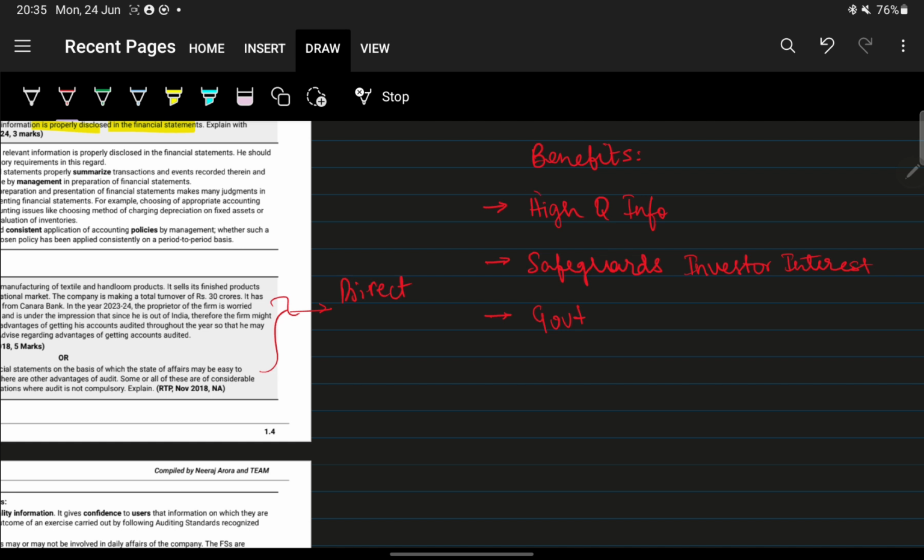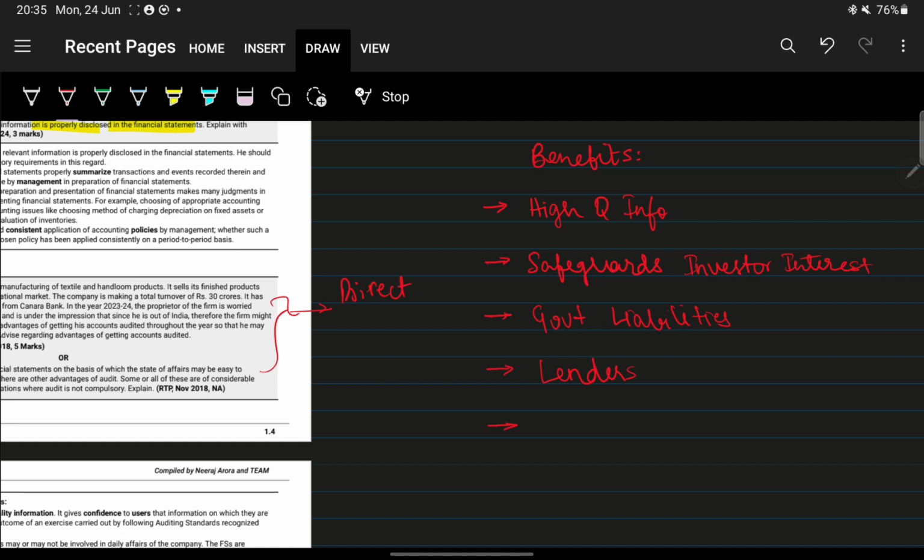I'm just writing the keywords, okay, so that we can remember them, and then we'll dive into the text that's given there. It is useful while providing the financial statements to lenders, or when obtaining money from lenders, right?